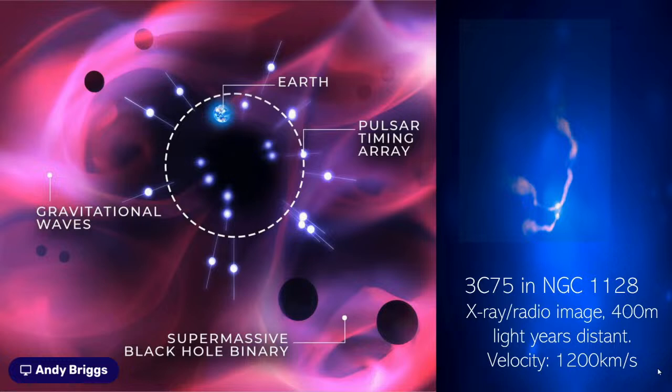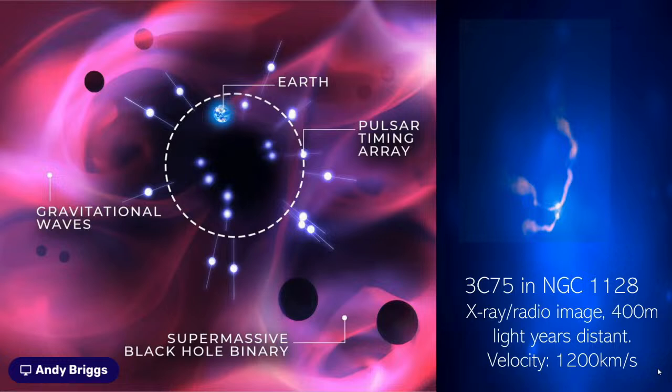They are swept back in this combined radio and X-ray image, because the black holes are plowing through the interstellar medium at about 1,200 kilometers a second. This forces their jets to be swept back as if they were in a wind. So we know that we can see these black holes which one day will merge.